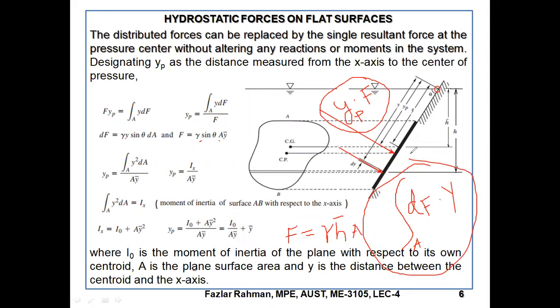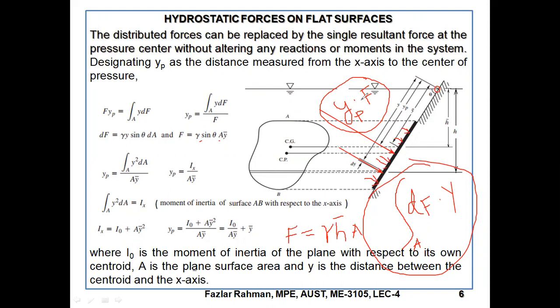Then we figure out the pressure force on each small area, then we did the integration. Now, instead of the summation of force, we are taking the summation of moment, force into distance. We know that the overall force is F, the resultant of all the forces working on the surface, perpendicular to the surface from top to bottom. So the resultant of all these forces is F.